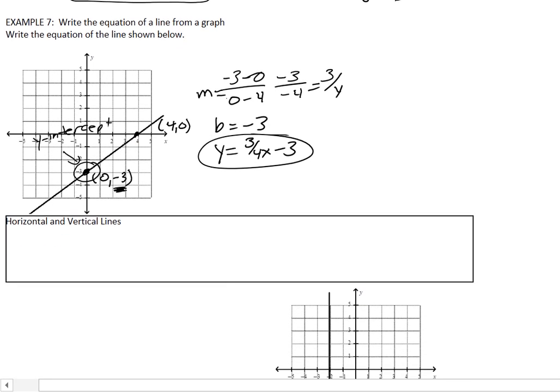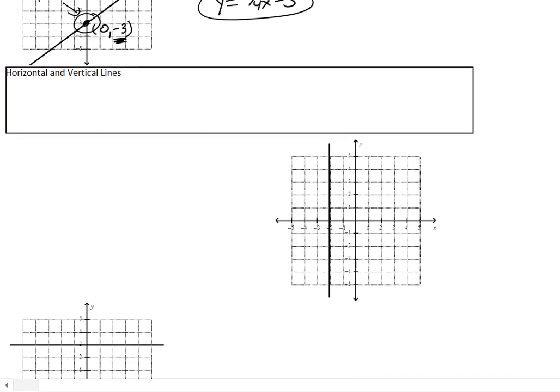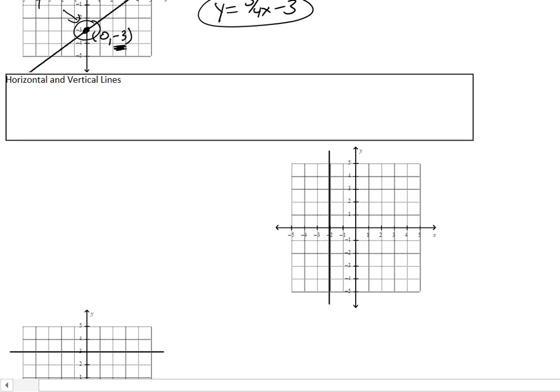All right. Horizontal and vertical lines. The equation of a horizontal line is y equals some number.